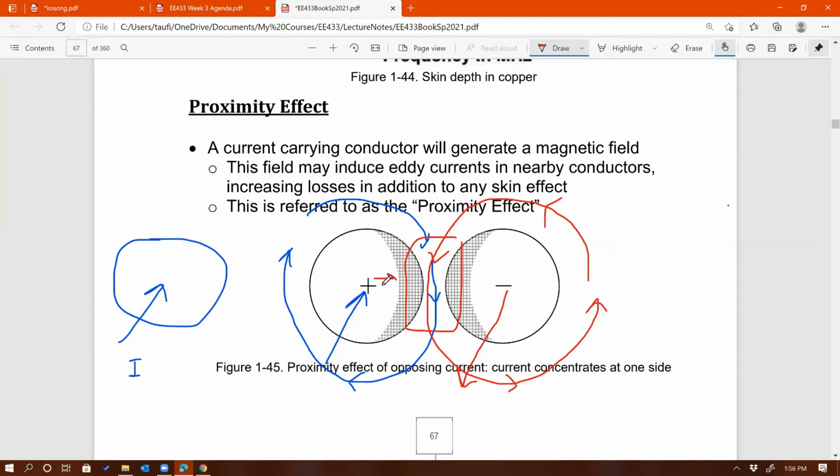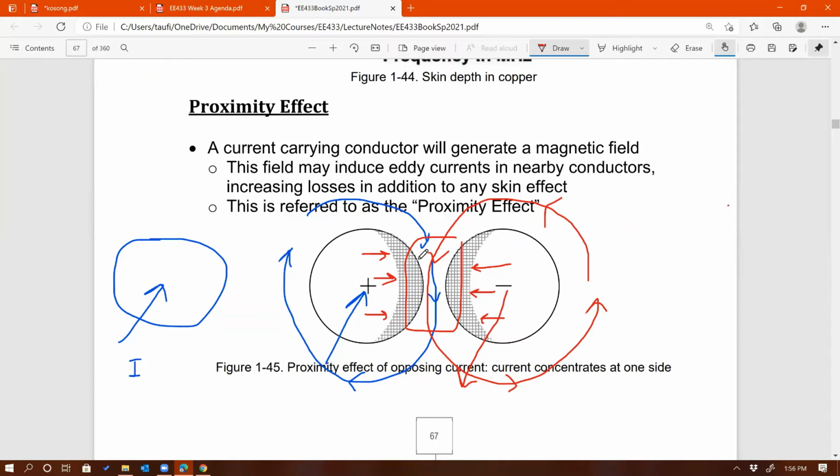So you can see that the electrons will be attracted toward the middle, the space in between the two conductors. If you look at the plus conductor, then the electrons will be pushed toward the right side of the conductor, whereas if you look at the negative conductor, then the electrons are being pushed to the left side of the conductor.